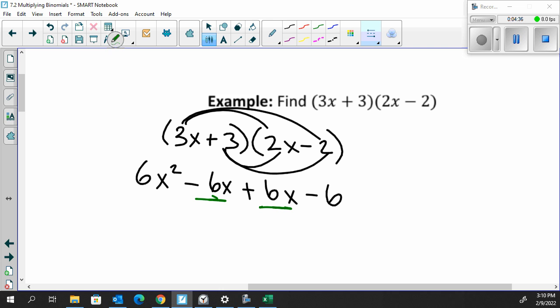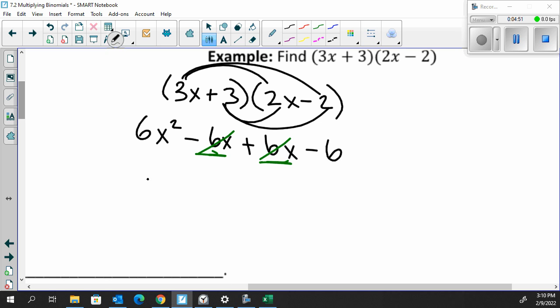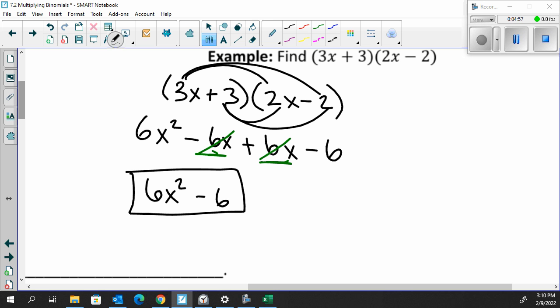They're like terms. Negative 6x plus 6x, what's that? 0. It goes away. It cancels. That's okay. That's fine. Doesn't mean we messed up or anything. It's 6x squared. Those are gone. So just have minus 6 at the end. And that's all I need. Does this make a little bit of sense?